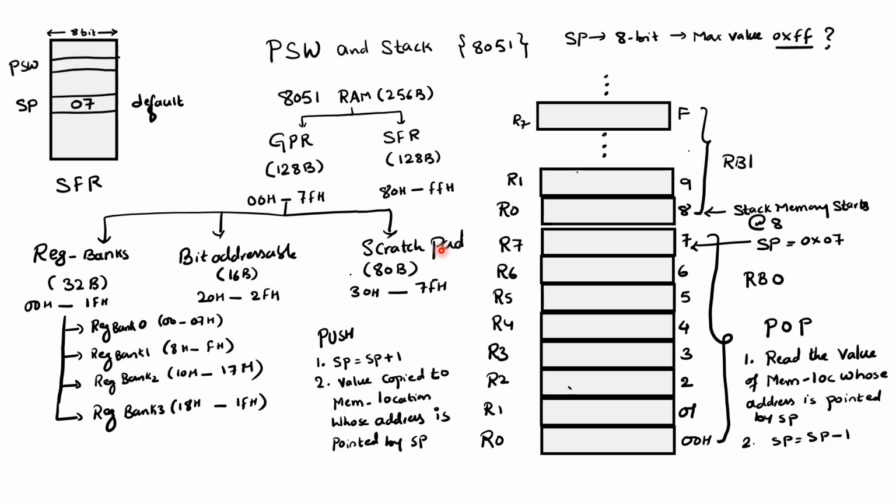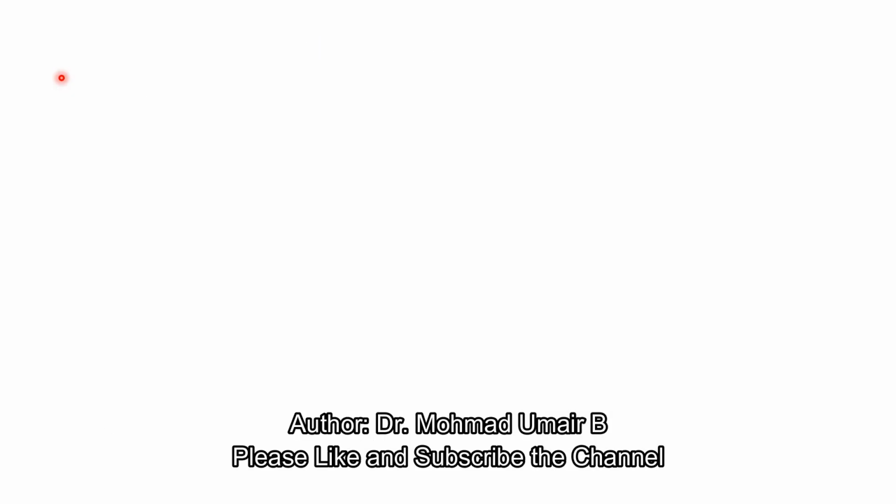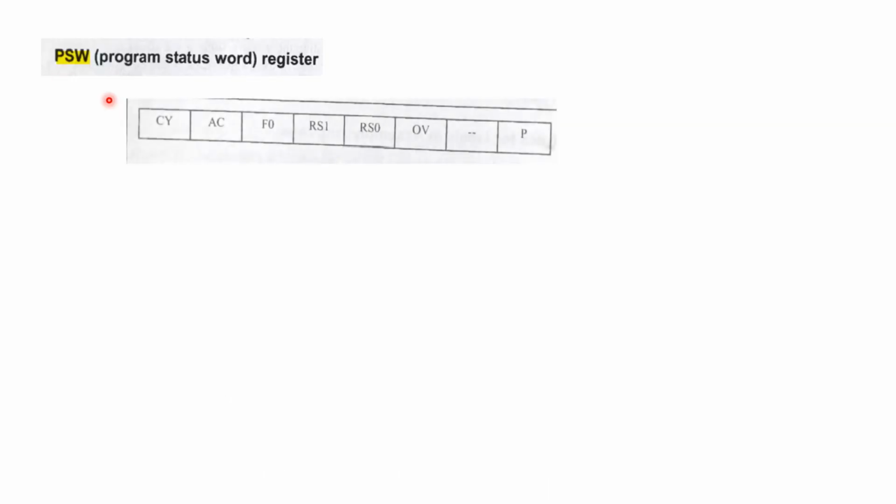The next SFR register is PSW, the program status word register, and PSW is a part of SFR. We are going to discuss the program status word register in detail. The structure is as follows. It contains 4 status flag bits, namely carry flag bit, auxiliary carry flag bit, overflow flag bit and parity flag bit.